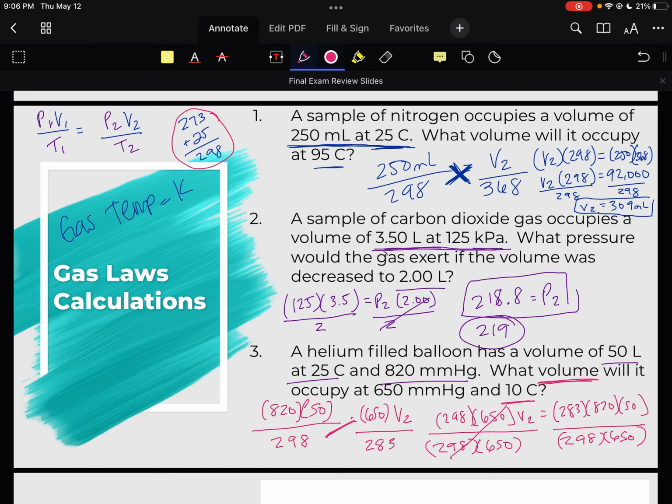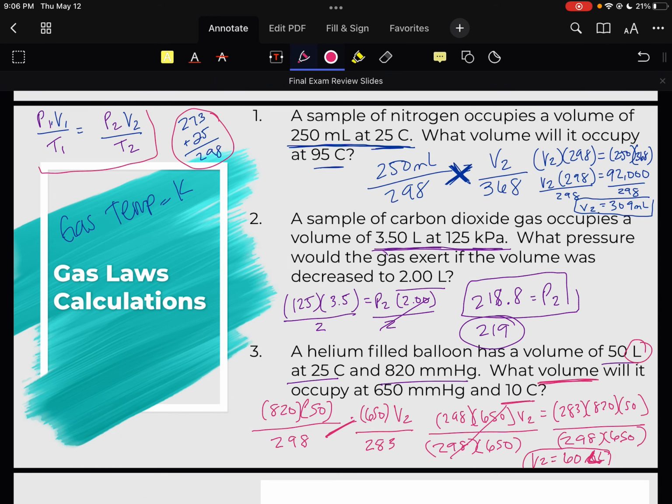Like I typed in, 283 times 820 times 50 divided by 298 divided by 650. So make sure you divide by both of those. And so your final volume comes out to be, we'll just round to 60. And this is liters. Liters because it's liters here. So 60 liters.